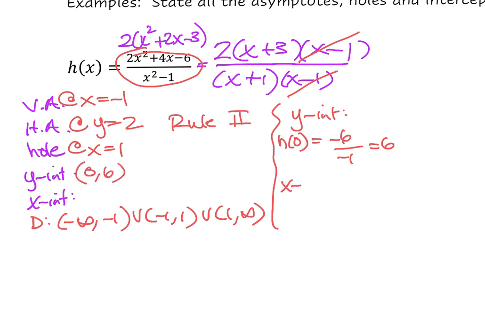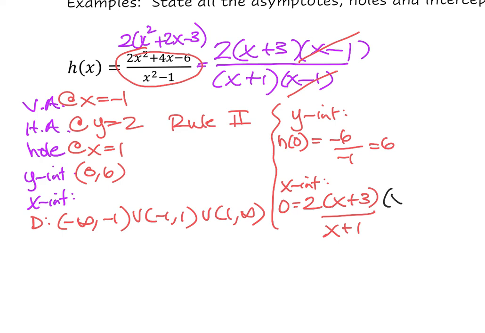And then my x-intercepts, remember I'm going to plug a 0 in for the output. Now I think it's actually easier to use the simplified factored one. If I was trying to solve that equation for x, this is a good start to solving rational equations.